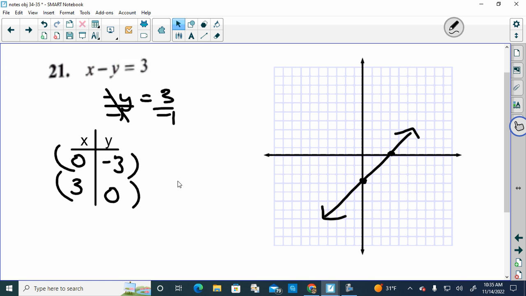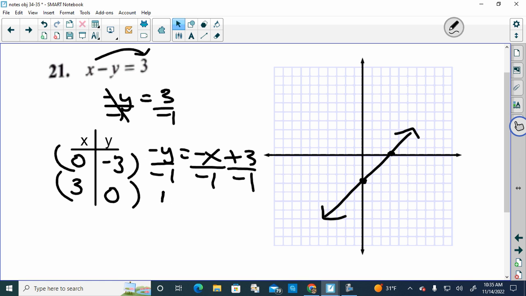Okay, again, if that bothers you, if you've never done that before, you can rewrite this and get y by itself. Okay, so I would move my x to the other side, which would make it a negative x, and shift that over. That's a positive 3, and then just divide everything by negative 1. And that would give me y equals x minus 3, right?